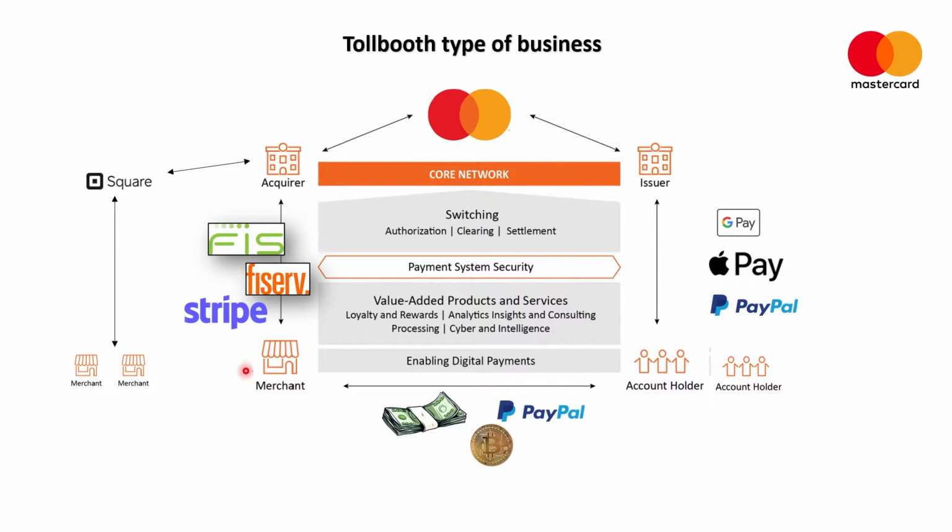And on the other side, you have other companies which are entering this payments industry, like, for example, Square or Stripe, which are more on the acquirer side of the business. They are in between the acquirer and the merchant. In this acquirer-merchant space, you have two big companies, Fidelity Information Services and Fiserv, which have been acquiring and consolidating.